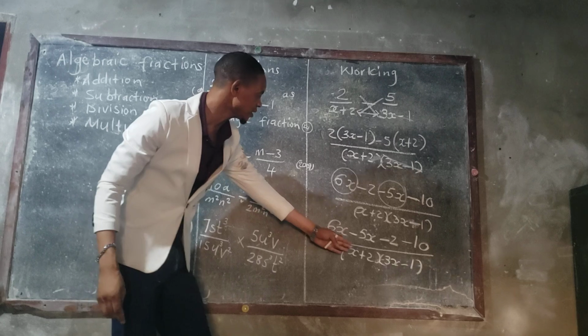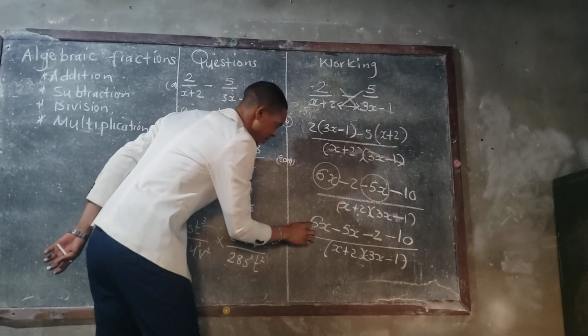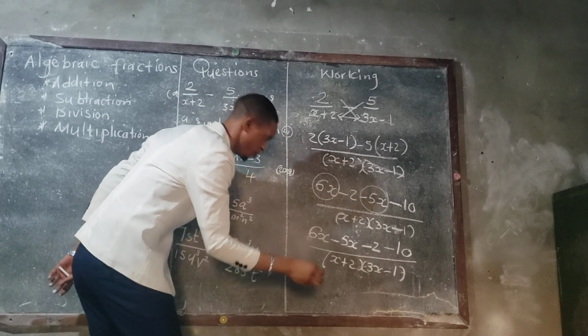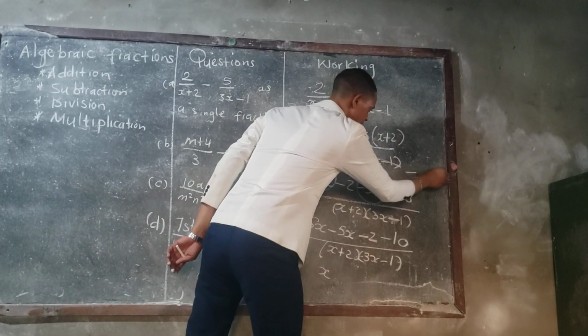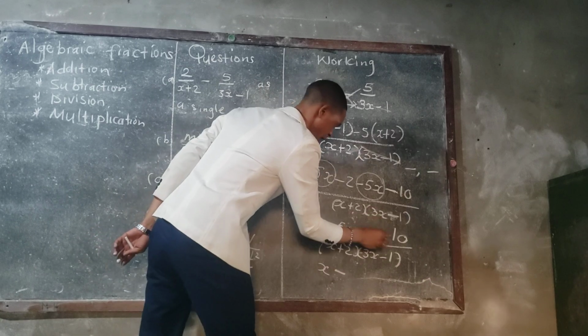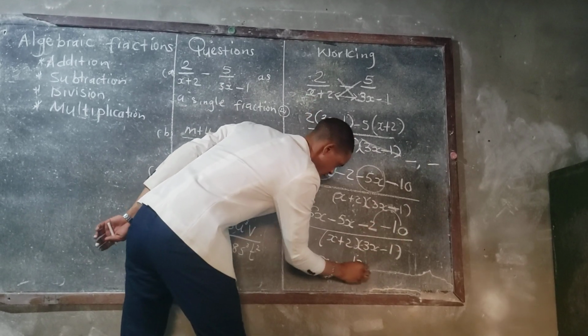So, having done that, I'll add the grouped terms. So I'll add 6x minus 5x, it will give me x. Negative, negative, it is negative, then add this 2. 2 plus 10 gives me 12.